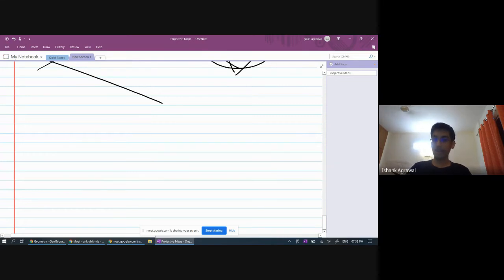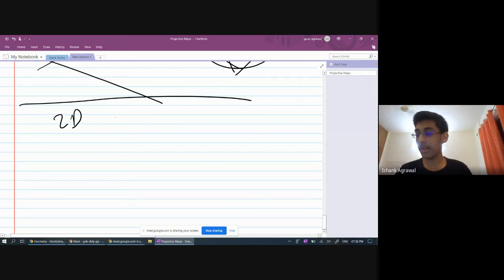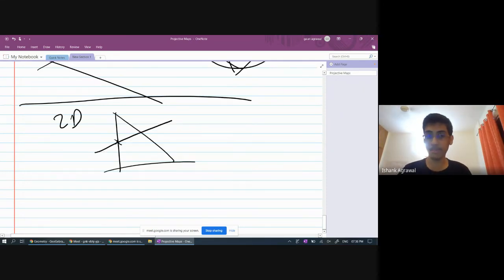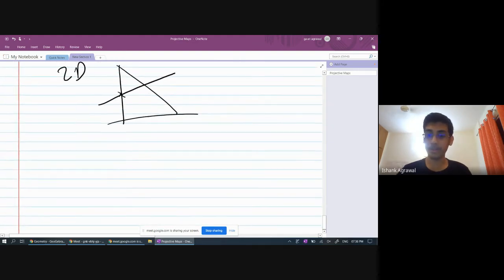So now we're going to take everything we did in two dimensions, where we mapped lines to lines staying in the plane, and go to 3D.